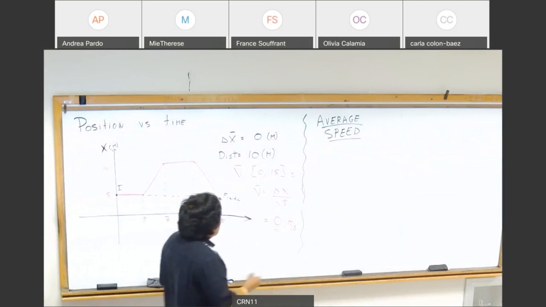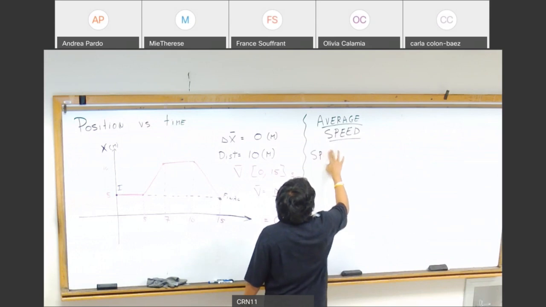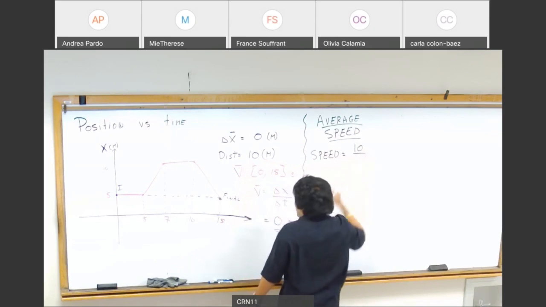The average speed is your distance, so we can call this speed, is the distance over time.